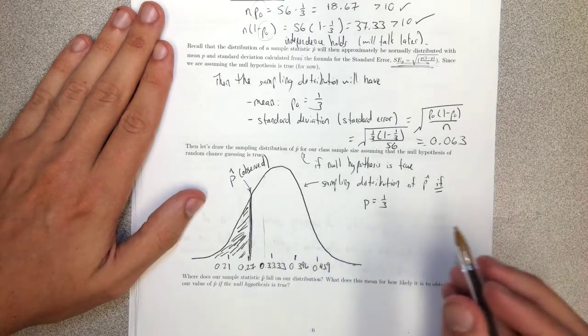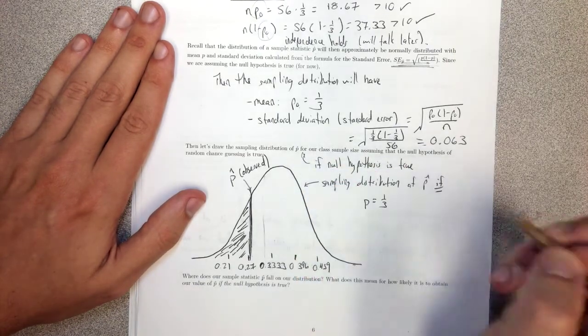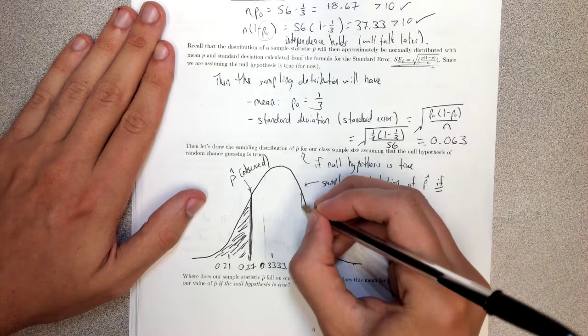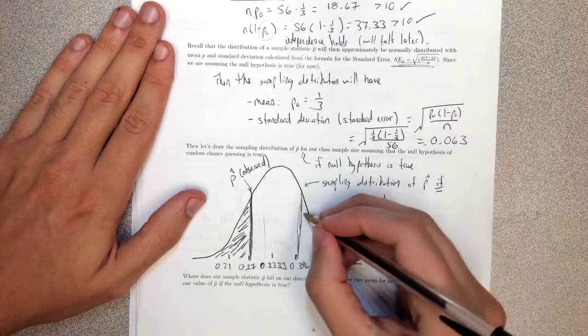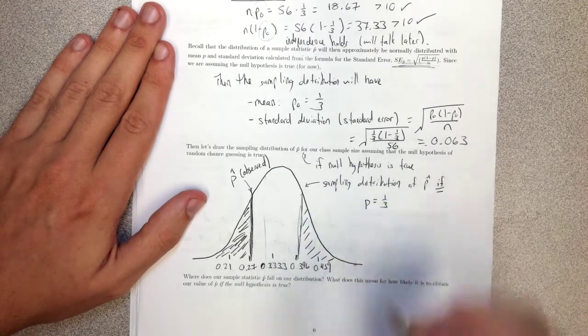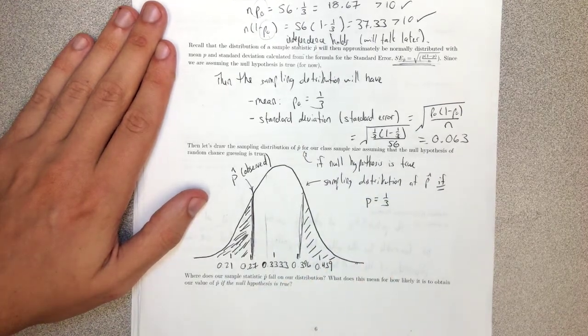Not only that, we want to consider the other side of the distribution as well, because all of this stuff is also going to be more in favor of the alternative.